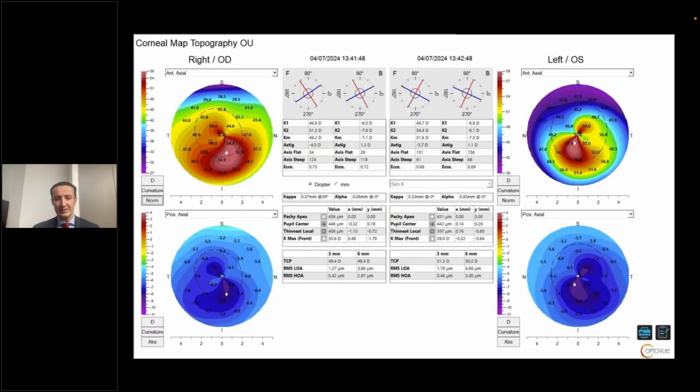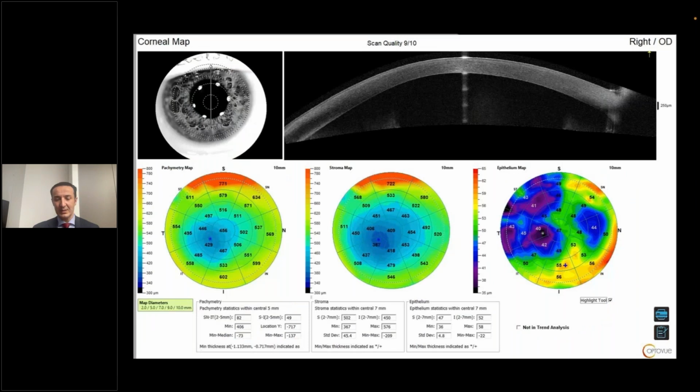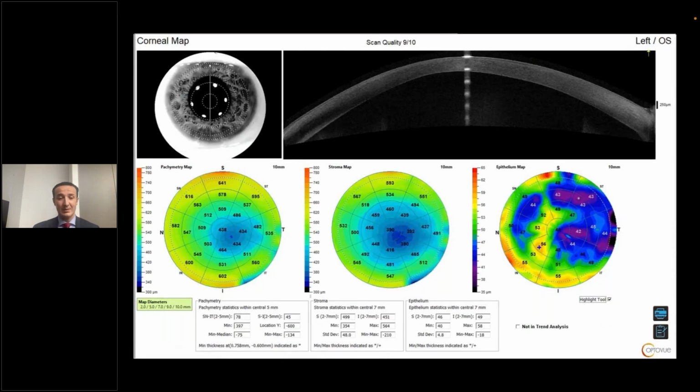And this is the epithelium mapping corresponding to this patient. And you have the new display. You can make the comparison about the epithelium mapping, the thinning of the stroma, and here the thinning of the total pachymetry and the decentered distribution, and the same on the left eye.